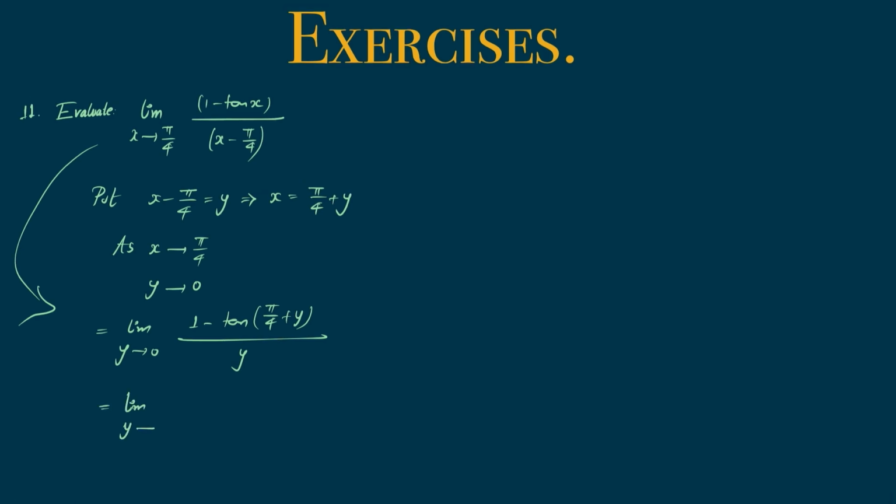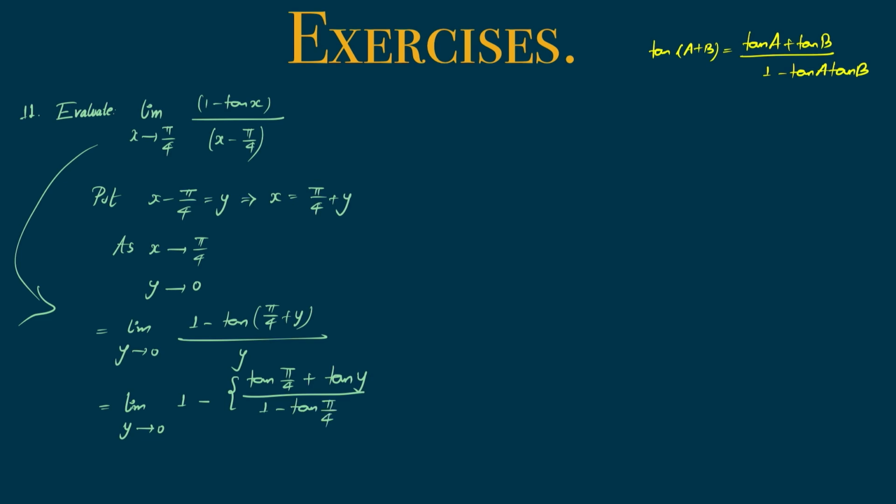Limit y tends to 0 of 1 minus tan of (pi by 4 plus y). Here you can see this is in the form of tan (a plus b), and for that we have to know the formula: tan a plus tan b, divided by 1 minus tan a tan b, and the whole divided by y.